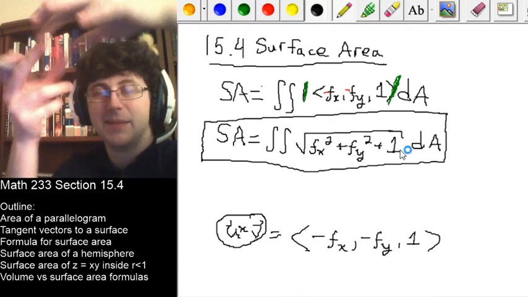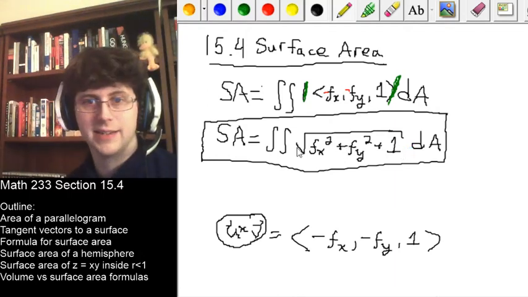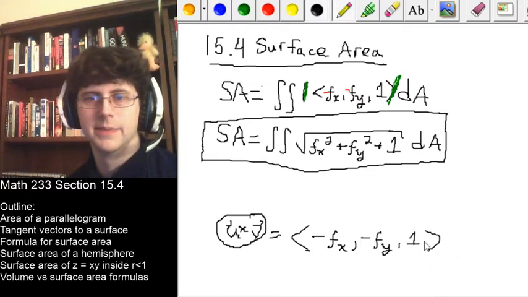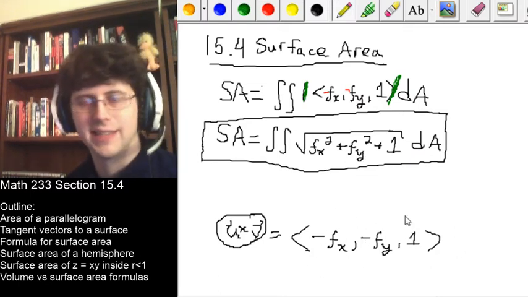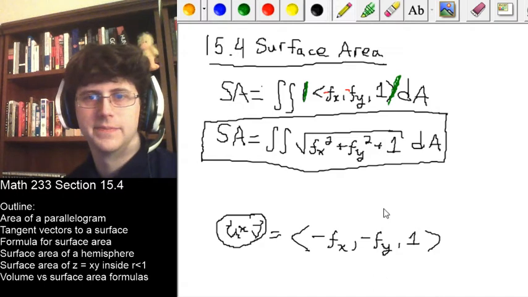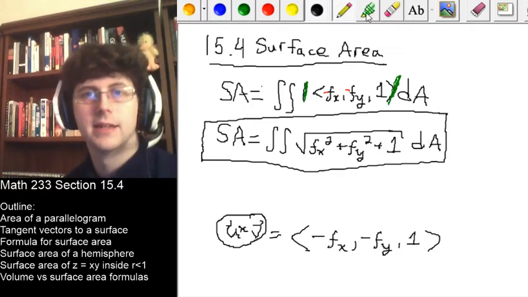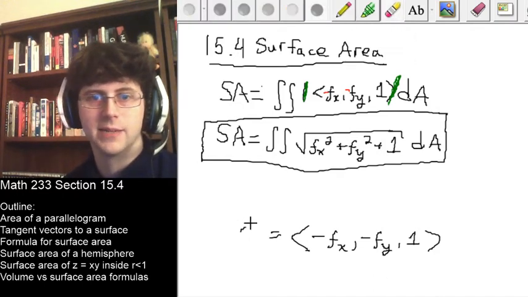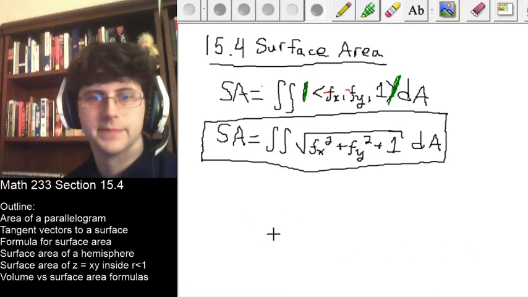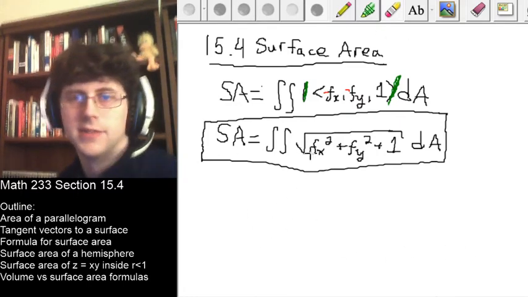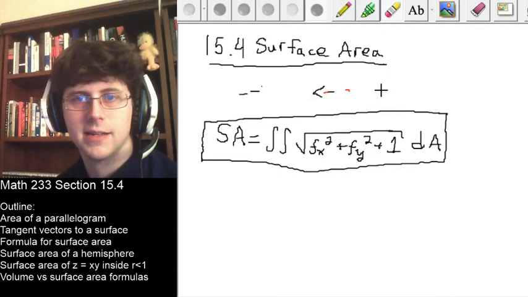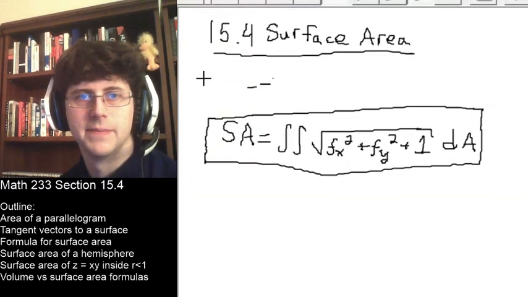The parallelogram has an area, and the area of the parallelogram is just the size of this cross product. And that's where this formula comes from. I just don't want you to think of the formulas as being random stuff. So that's the formula. You should put it in a box, bring it on a note card, or memorize it, one of those. It's a pretty good formula.